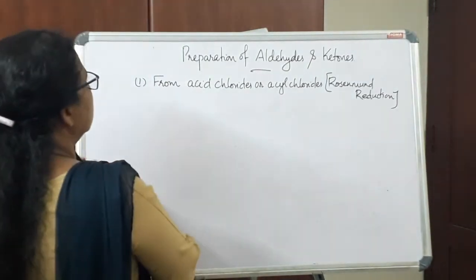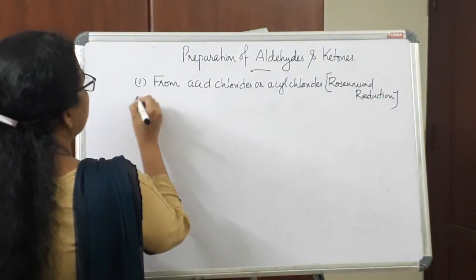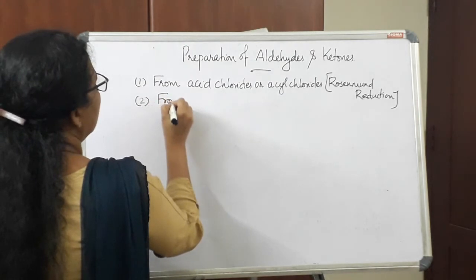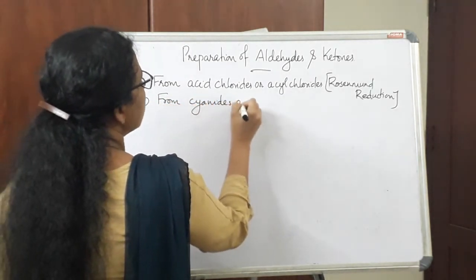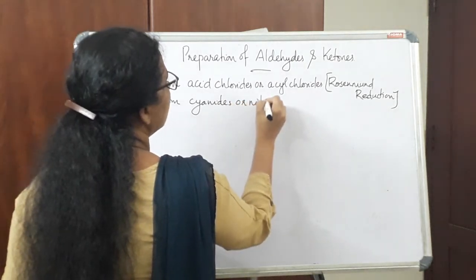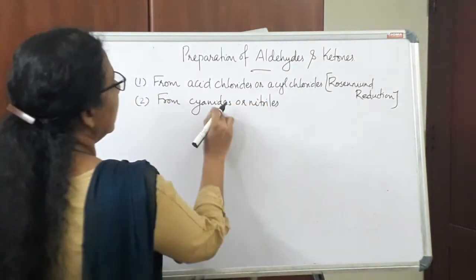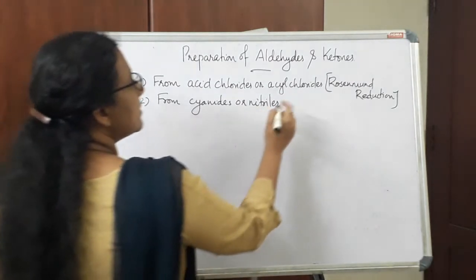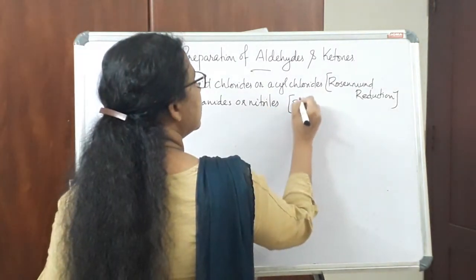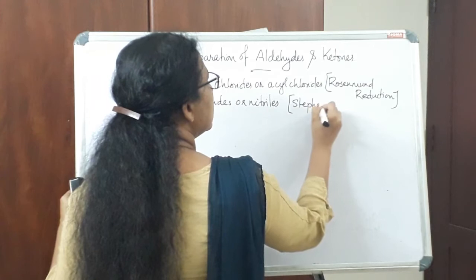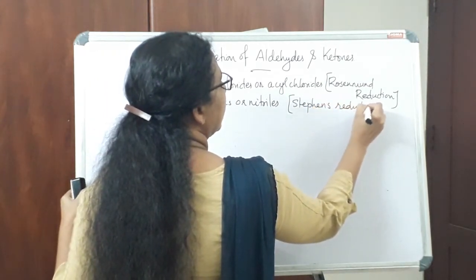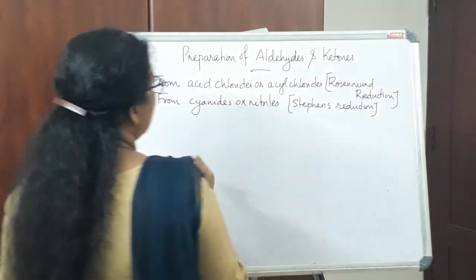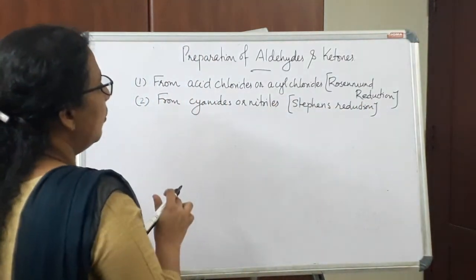The second method for the preparation of aldehyde is from cyanides, or we can say nitriles. Both are the same. This is also a reduction reaction, and it is called Stephen's reduction.